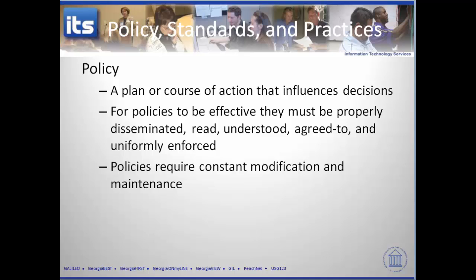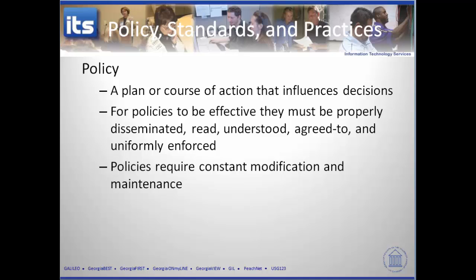Typically policies, especially as compared to standards and practices, do not change very often. So you want to make policies these kind of overarching, large conveyance of what you want employees to do, and then you'll get into the details using those standards and practices.